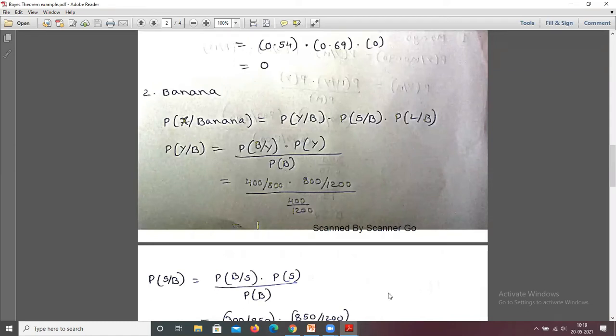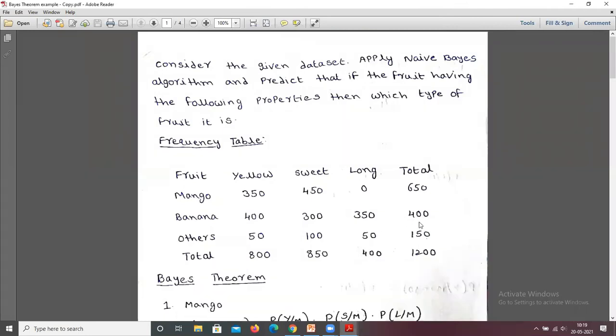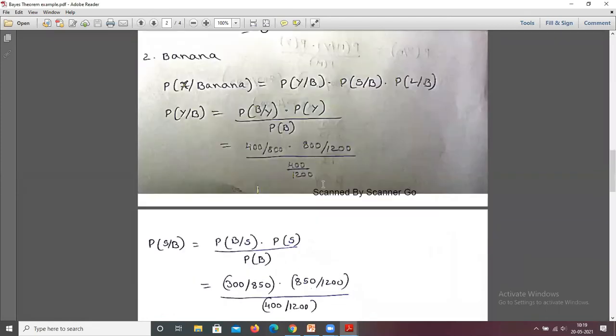So probability of B means banana is 400, and the total fruits are 1200. So 400 by 1200. Now if we calculate this, we got 1 as an answer.